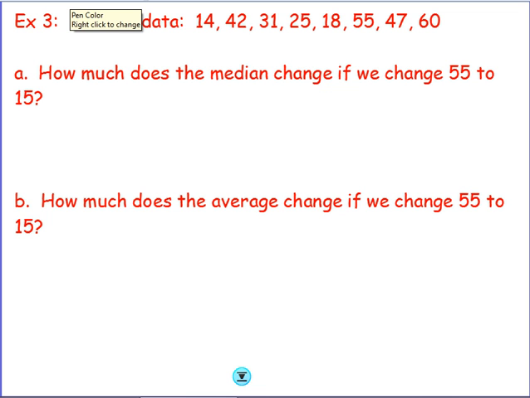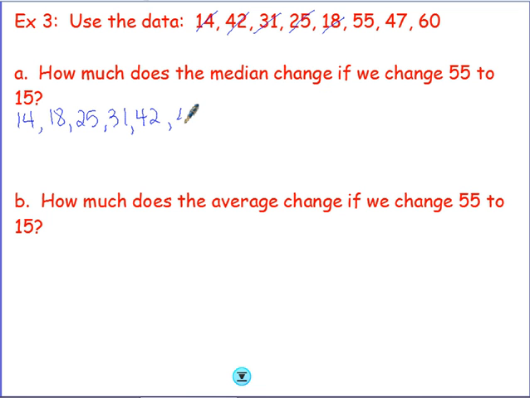So we need to take the data numbers that you see and put them in order. 14, then 18, 25, 31, 42, 47, 55, and then 60.